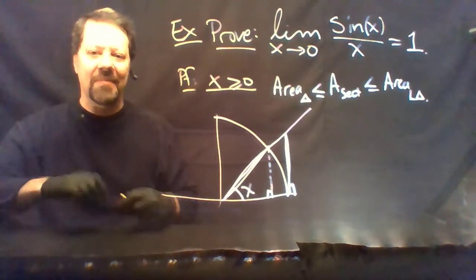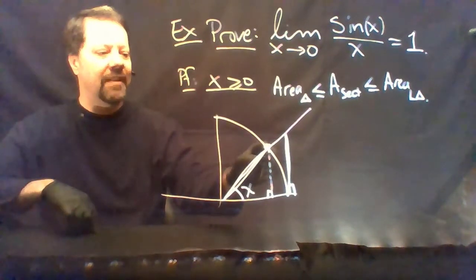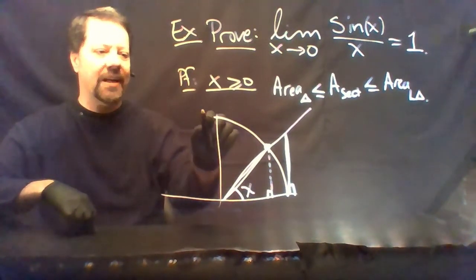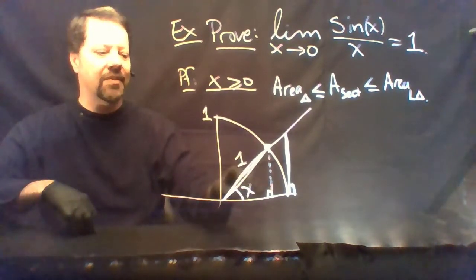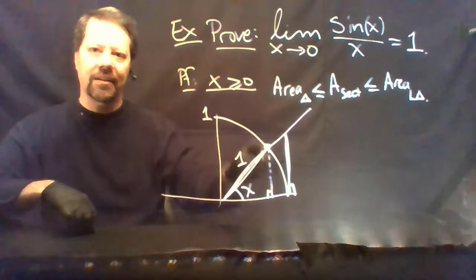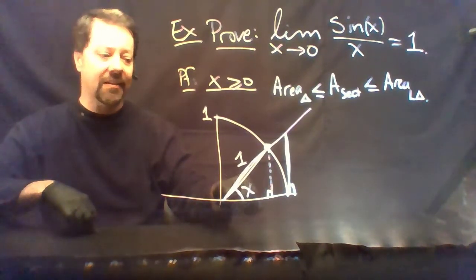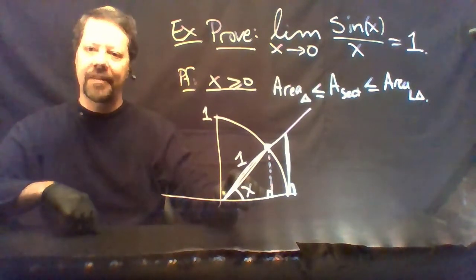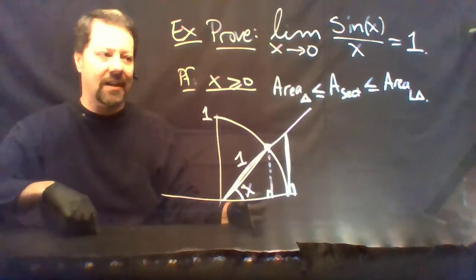Let's see what that means in particular. I'm going to assume that this piece of circle has radius 1. So the length of the hypotenuse of this right triangle is 1. The angle in the center here is x. The area of a triangle is 1/2 base times height.